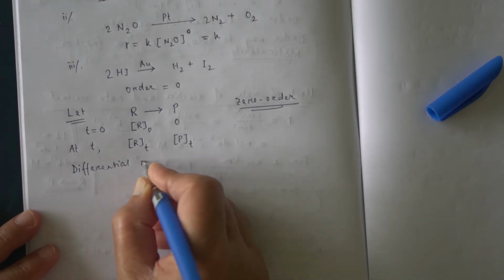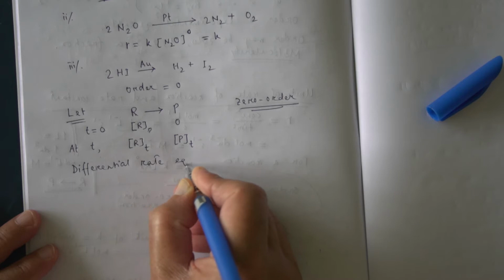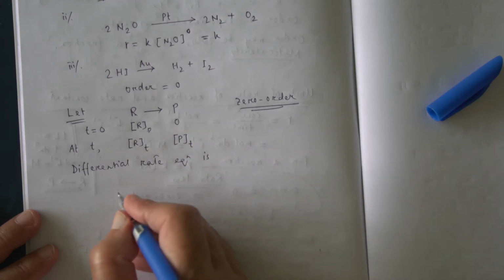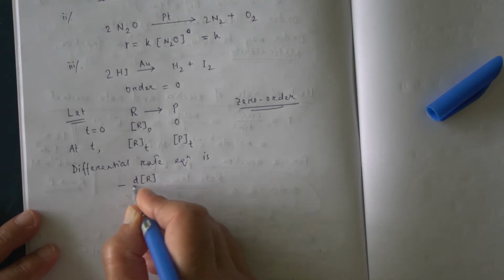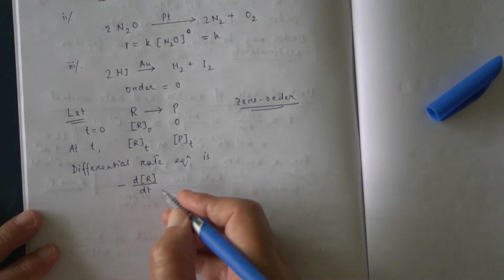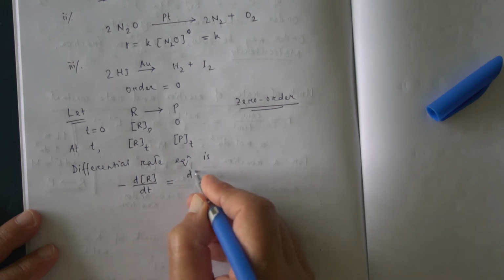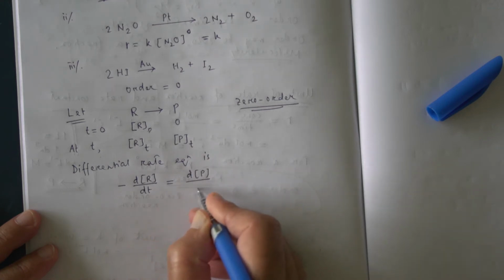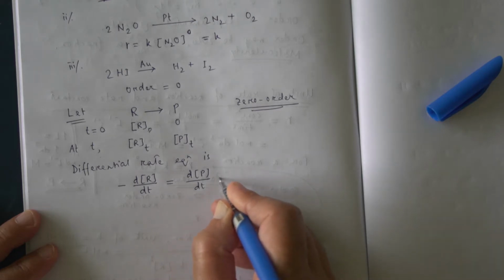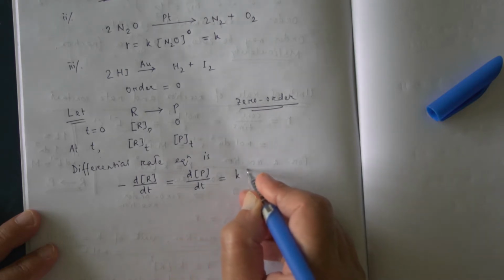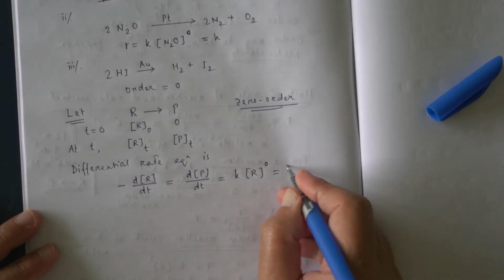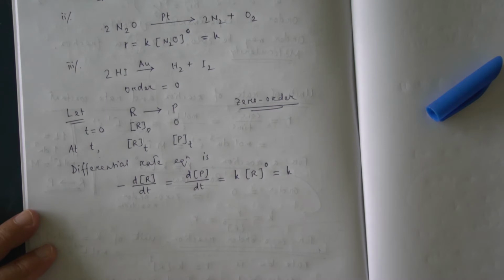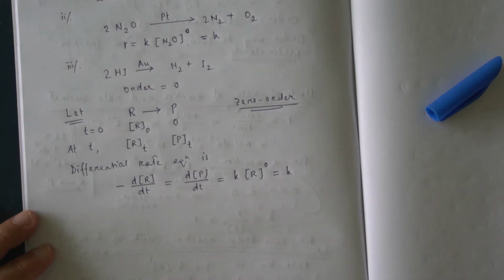The differential rate equation is minus dR by dt equal to dP by dt equal to k R to the power 0, that means k. Since R to the power 0 is 1, it is k. This is the differential rate equation.